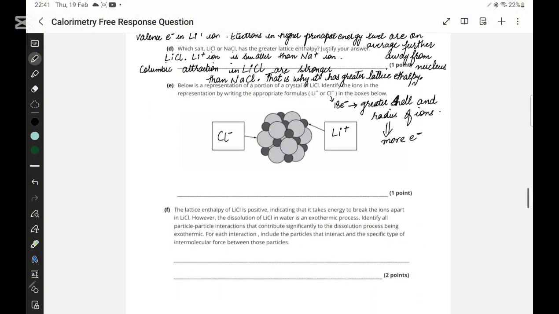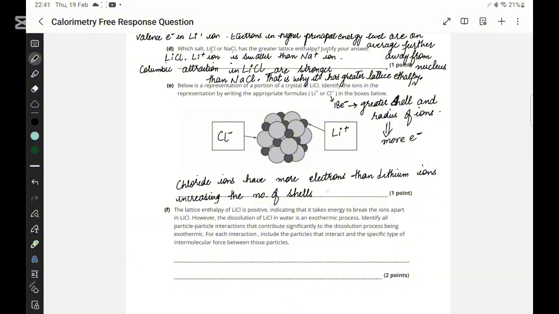We also need to write the reason: chloride ions have more electrons than lithium ions, so increasing the number of shells, and therefore the radius of ions.